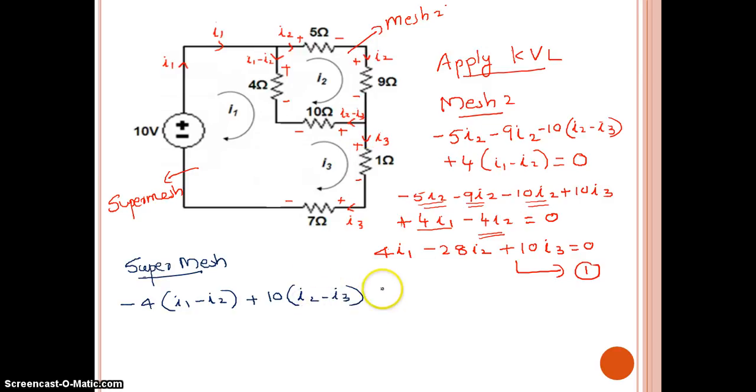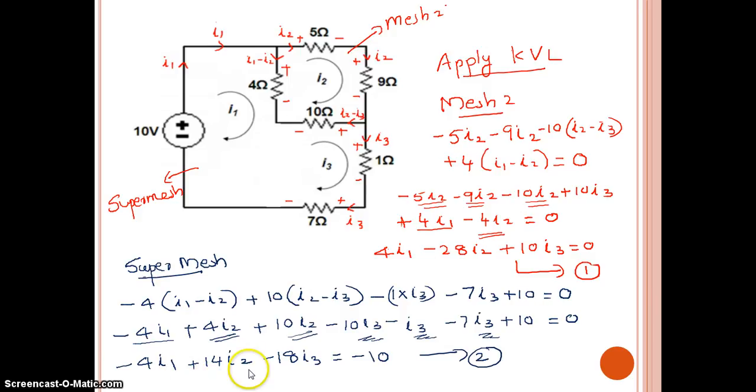Coming here, plus to minus, minus 1 I3; plus to minus, minus 7 I3; coming up, minus to plus, it is plus 10, should be equal to 0. Now we need to readjust the equation. We get the equation finally as minus 4 I1 plus 14 I2 minus 18 I3 is equal to minus 10, equation number 2.